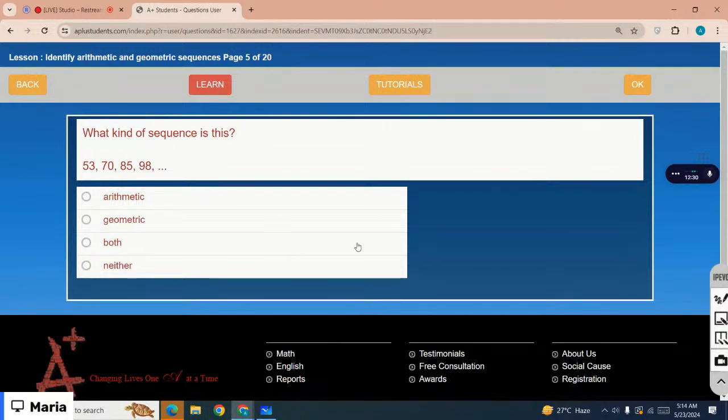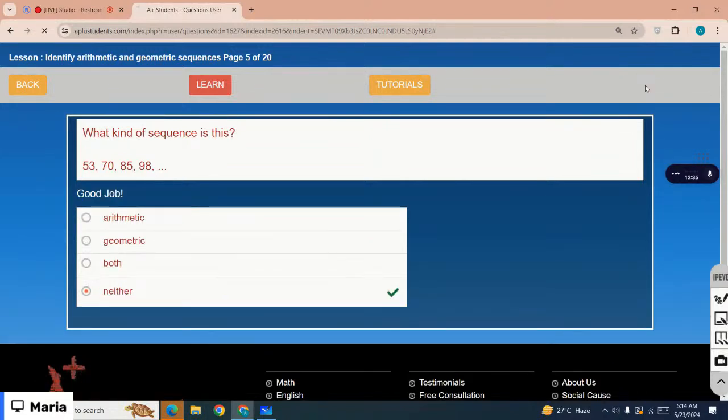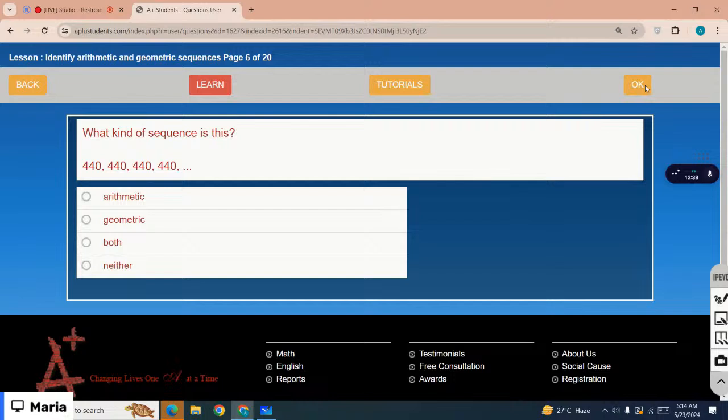The correct option is neither. Okay, what kind of sequence is this?